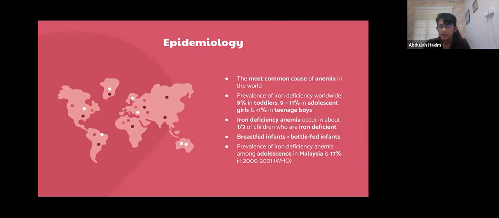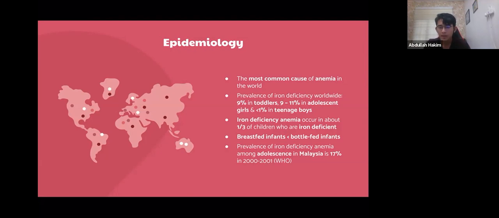It is seen that breastfed infants have lower risk to develop iron deficiency anemia compared to bottle-fed infants. This is because of the amount of iron that can be absorbed through the milk compared to the bottle-fed.